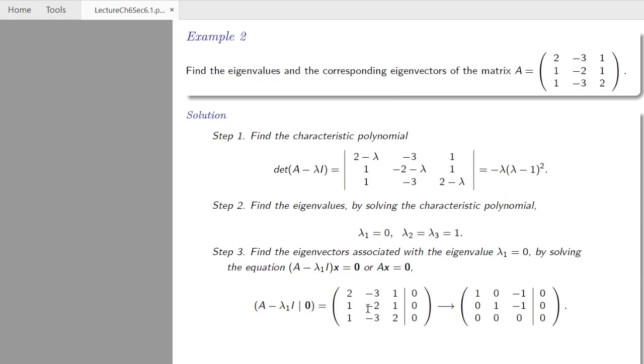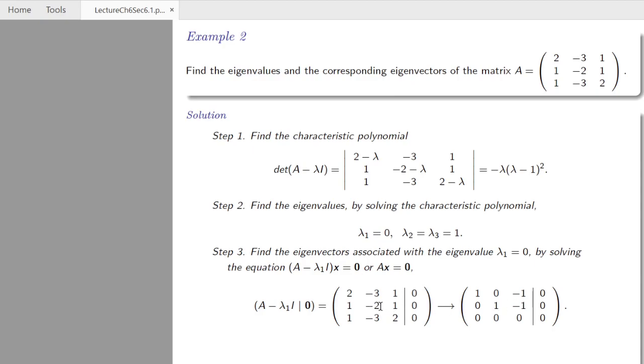Then for the second row, we change the first row minus the second row, then we get negative 2 and 2. Then divided by negative 2 for the second row, we get this.